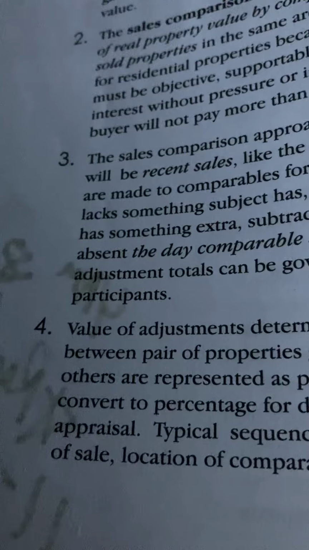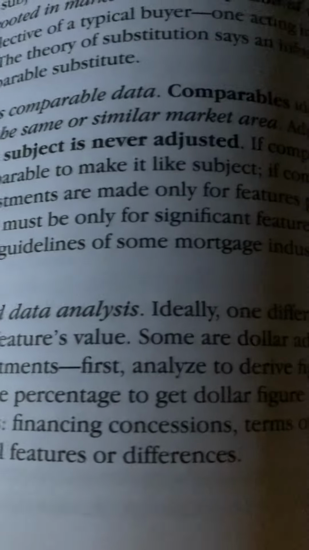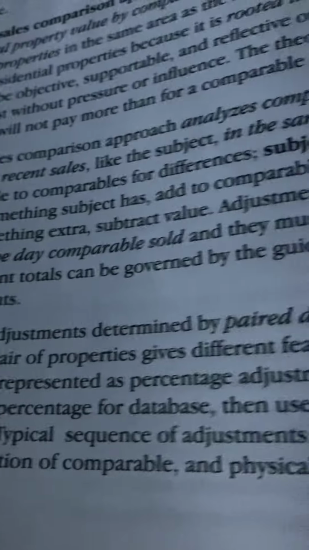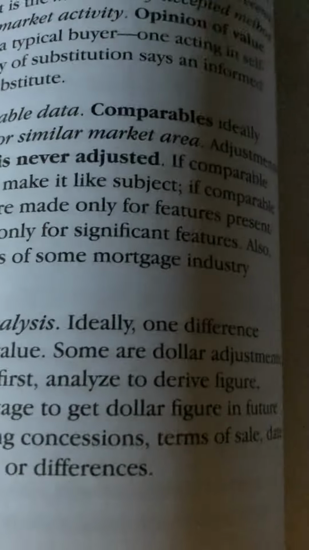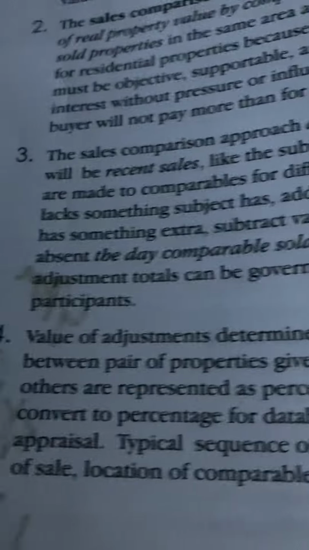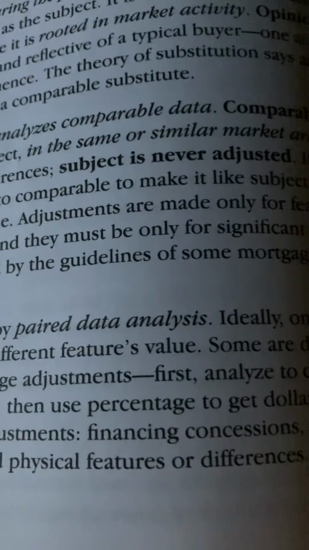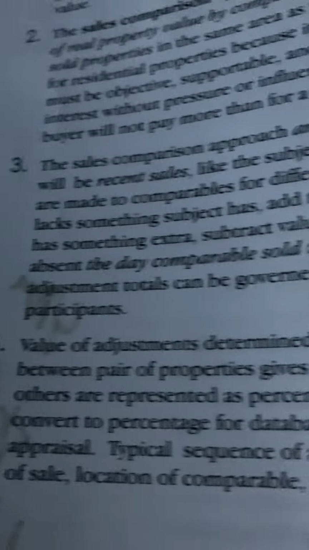Number 4, value of adjustments determined by paired data analysis. Ideally, one difference between pair of properties gives different features value. Some are dollar adjustments, others are represented as percentage adjustments. First, analyze to derive figure.